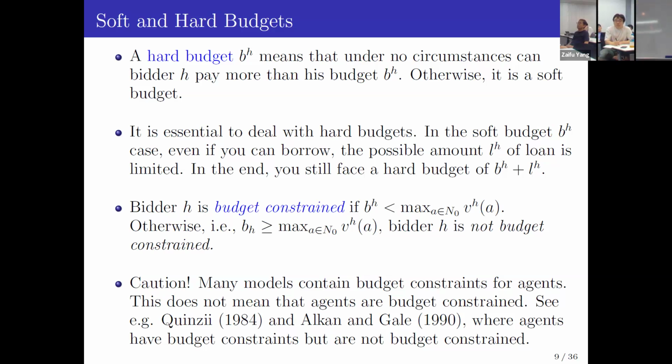So it means that you have a valuation on some house of, say, 1 million, but actually your budget is just 500,000. If you have such a scenario, then you are budget constrained.